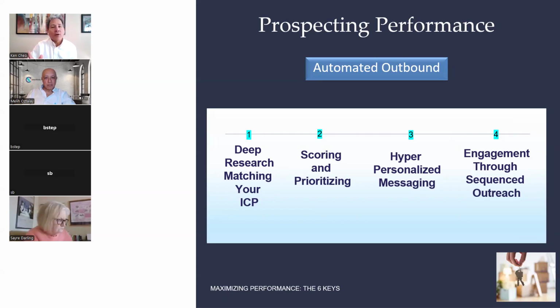Then scoring and prioritizing. It's similar to how your marketing is scoring the activity that you're seeing on your website, for example. This is what Melih was talking about. But the same thing applies with sales. How are you scoring the opportunity? Did they meet with the decision maker? Do they have a next action plan that's real?